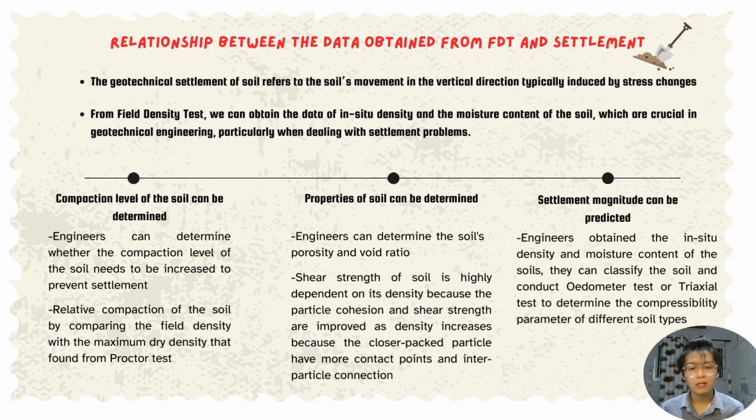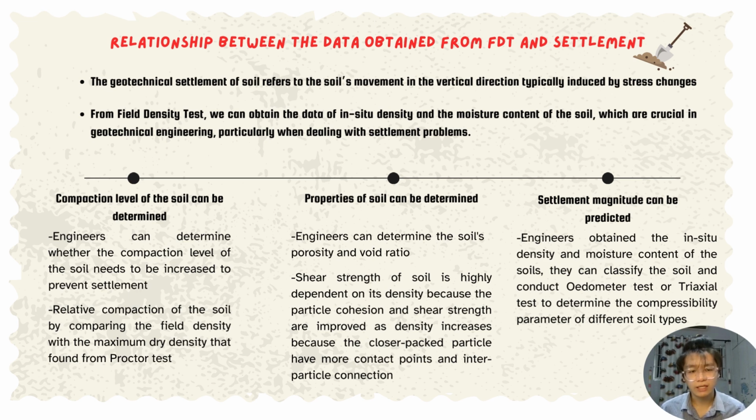The next information we can get through the help of field density tests is the properties of soils. Engineers can determine the soil's porosity and the void ratio of the soils. The shear strength of soil is highly dependent on its density because the particle cohesion and shear strength are improved as density increases, because the closer packed particles have more contact points and interparticle connection.